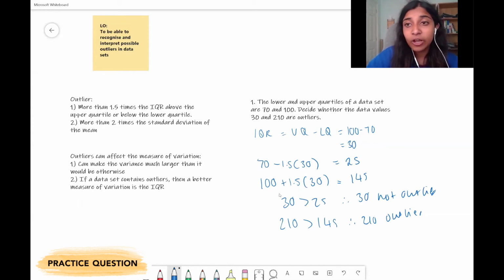Then you work out your upper fence, which is your upper quartile plus 1.5 times the interquartile range. If a value is above that number, 145, then it's an outlier. If it's below, then it's not. Now let's try an exam style question to put this into practice.